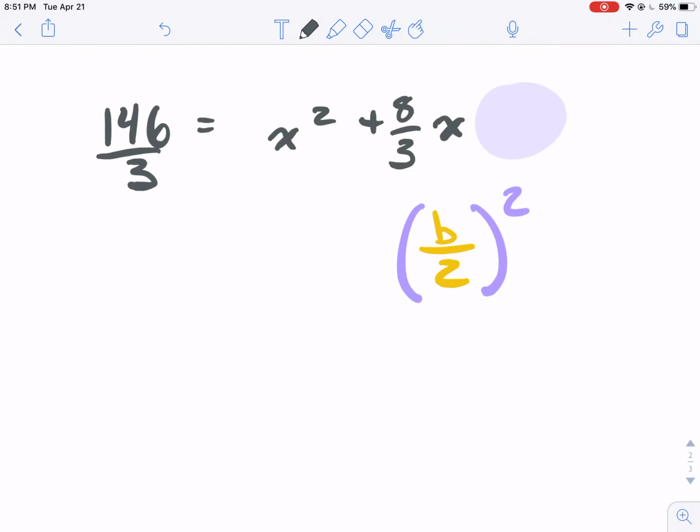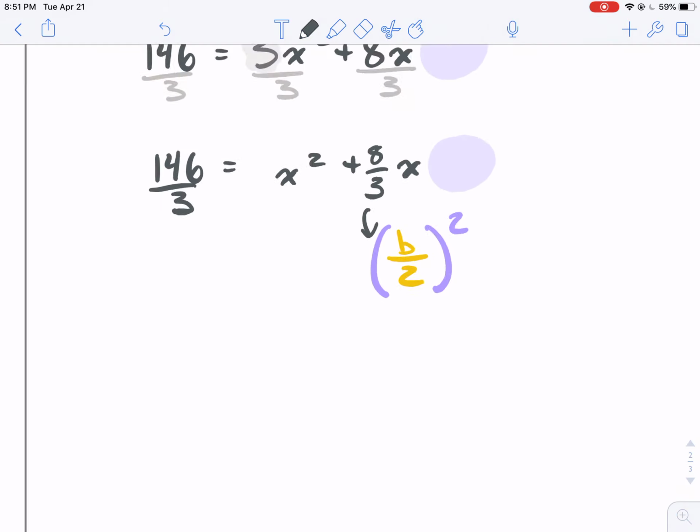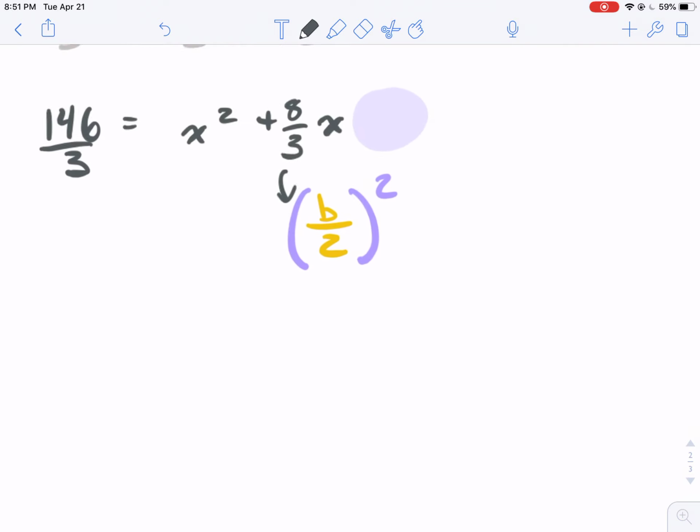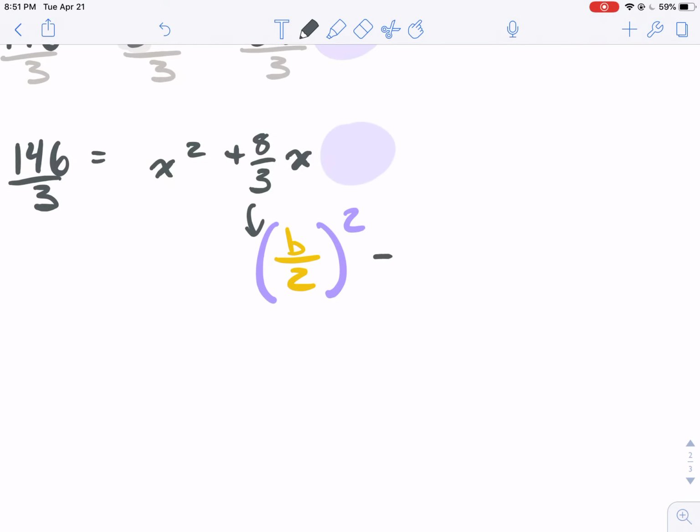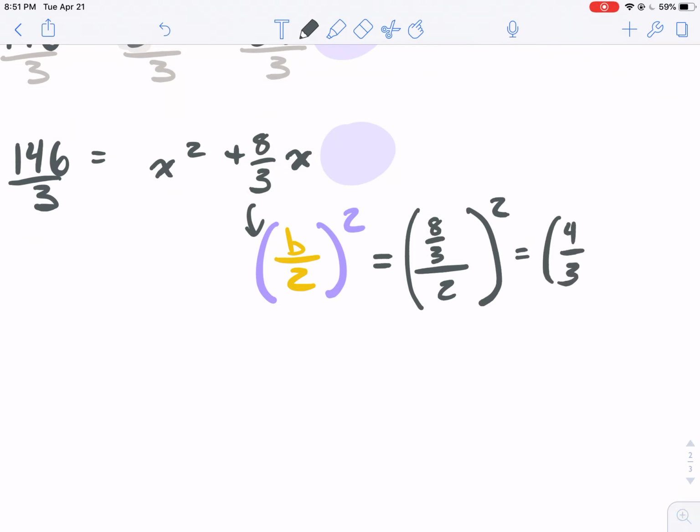Okay, so here our b is 8/3. So we're going to plug that guy right in there. That gives us 8/3 divided by 2, squared. Well, 8/3 divided by 2 is 4/3.